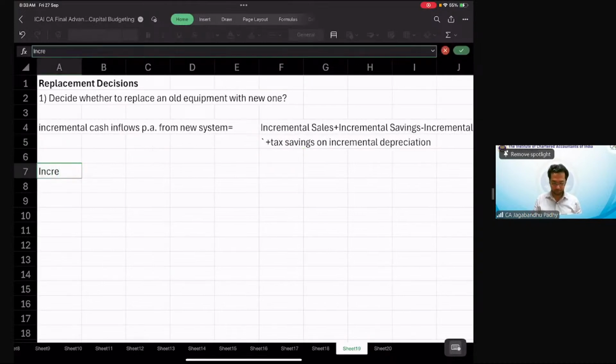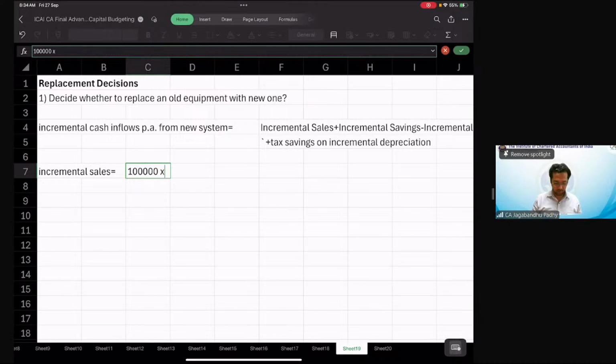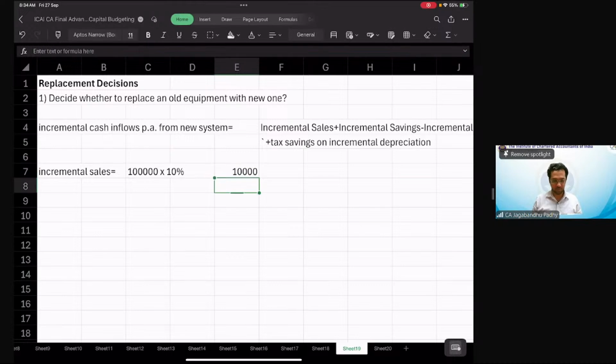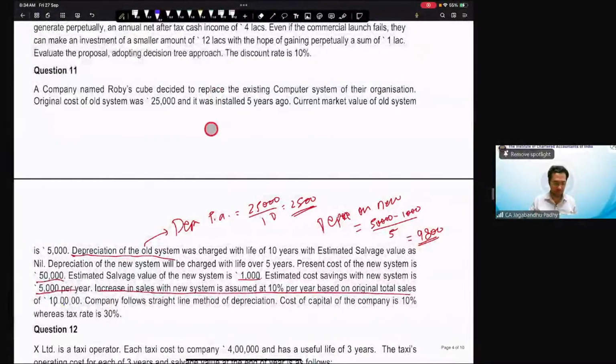First one, incremental sales. How much is the incremental sales? What is the additional sales that we are going to get from this project? Additional sales, guys, tell me. What's the additional sales? Can I say it is 1 lakh multiplied by 10%, which is 10,000, correct? Then what is the incremental savings? Are there any incremental savings in the question?